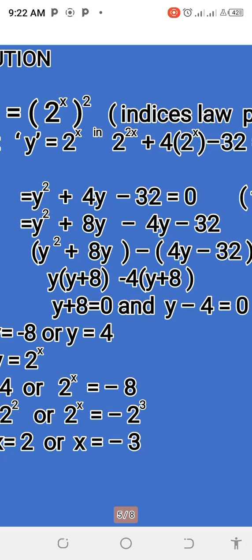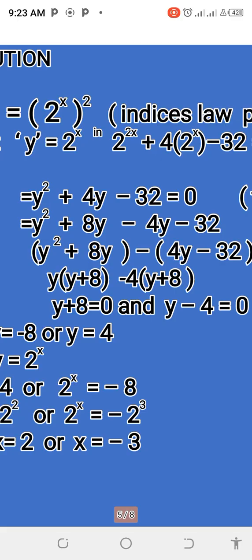Let us say 2 times 16. 2 times 16 is 32, but there's no way 2 plus 16 can give us 4. It is trial and error. That is why it is called trinomial. Now let us say 6 and 4. No, 6 and 4 are not factors of 32.